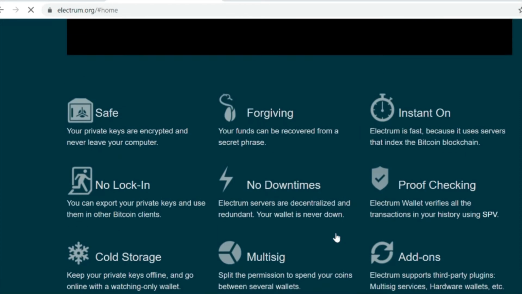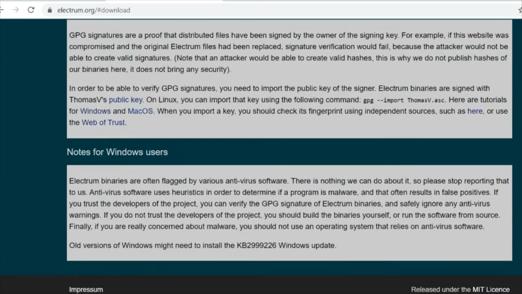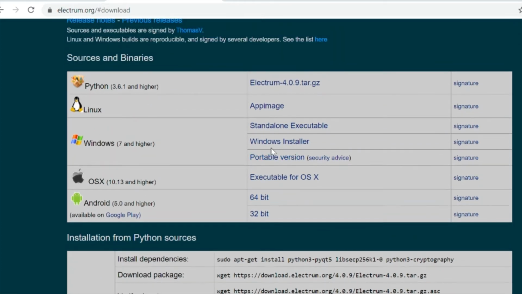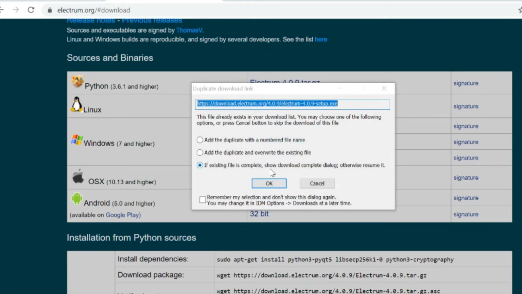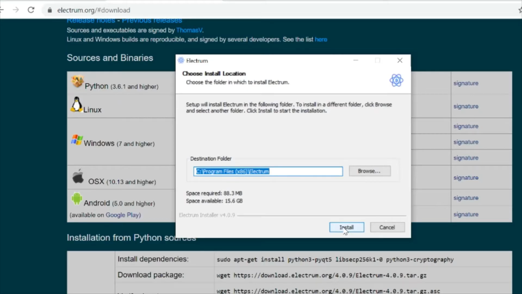You download Electrum, the version for Windows if you're using Windows. Then you install Electrum.